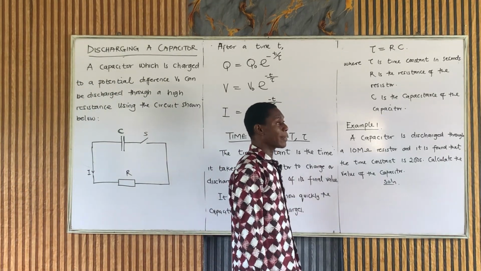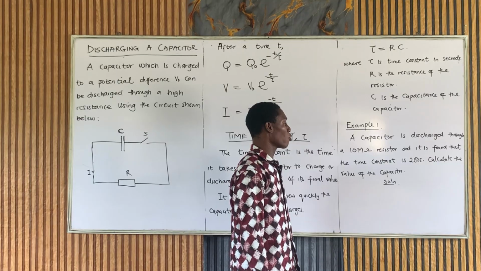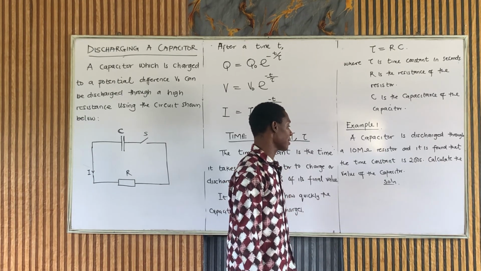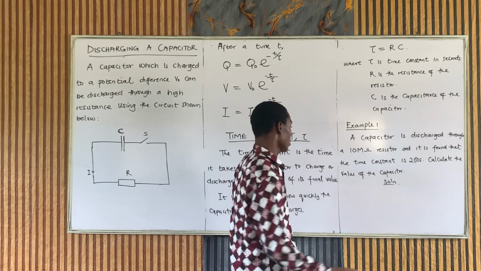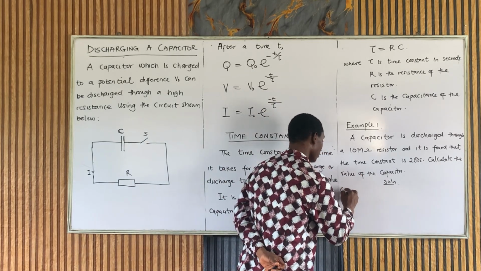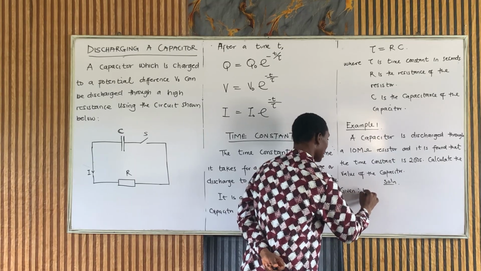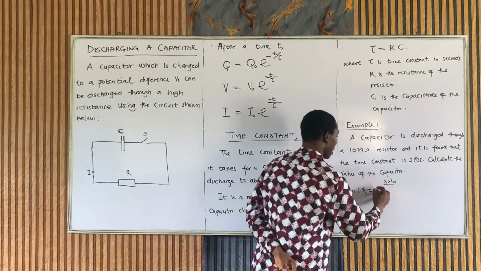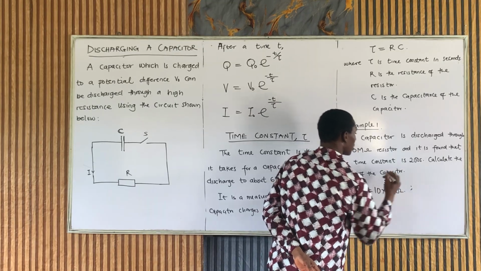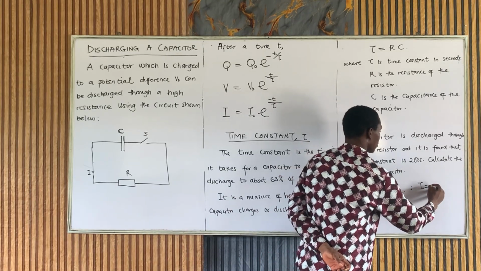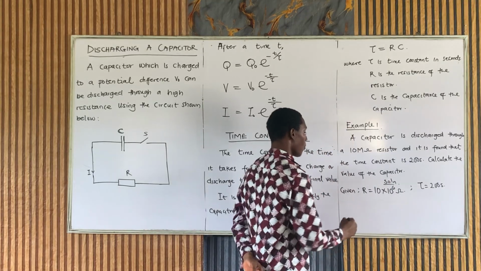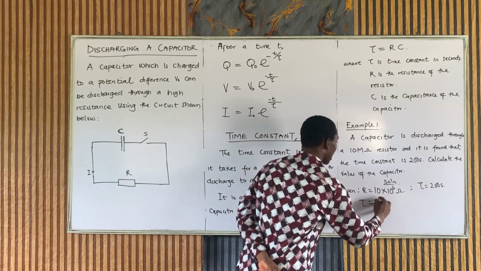Example 1. A capacitor is discharged through a 10 mega ohm resistor and it's found that the time constant is 200 seconds. Calculate the value of the capacitor. So here now, we are looking for the capacitance of the capacitor. We are given that our R is 10 mega ohm, which is 10 times 10 raised to 6 ohm. Again, we are given the time constant to be 200 seconds. Now, the time constant is equal to RC.